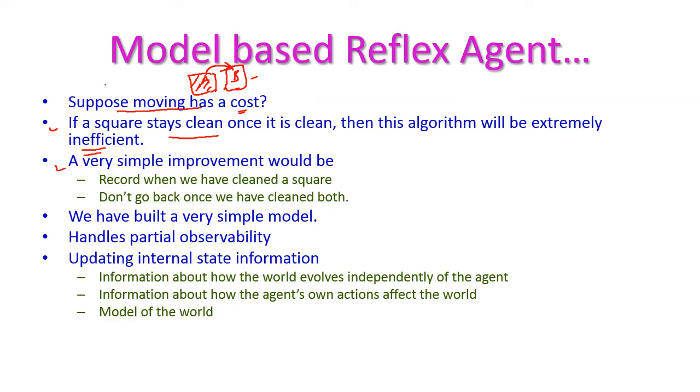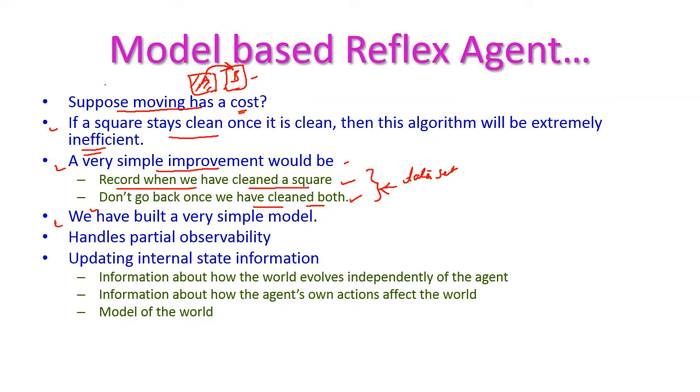So we need some improvement in that algorithm, that is we need to record when we clean the square and not go back once we have cleaned both. So each and every state information should be stored in the agent's data set.